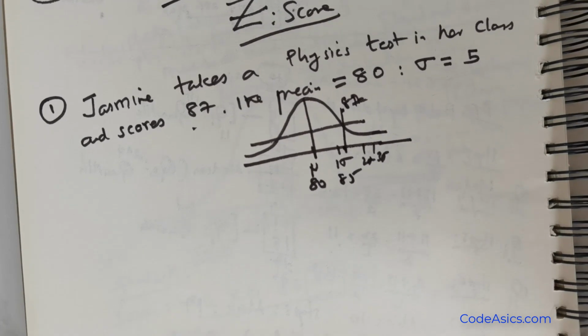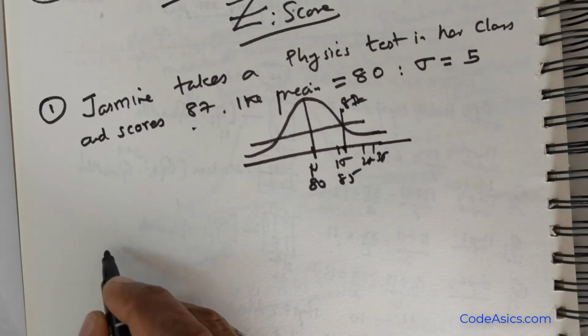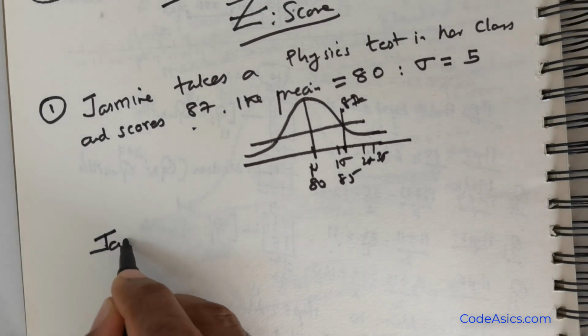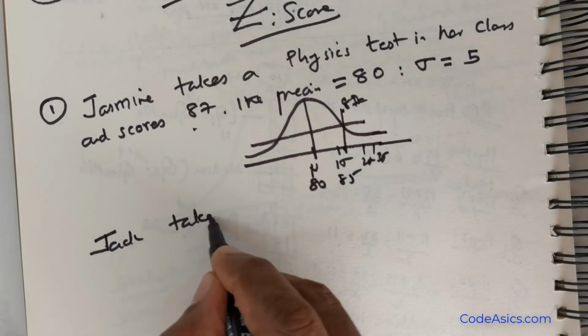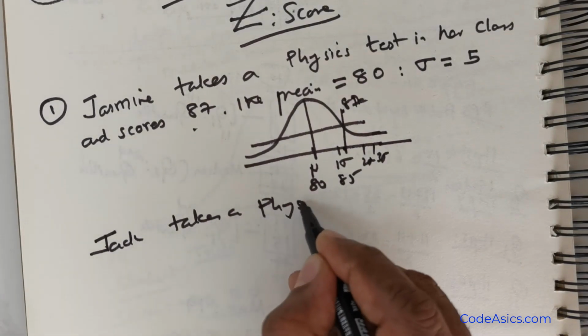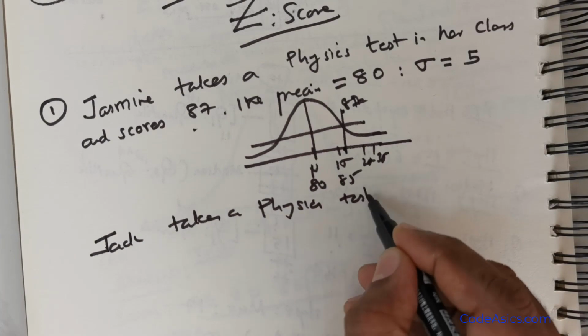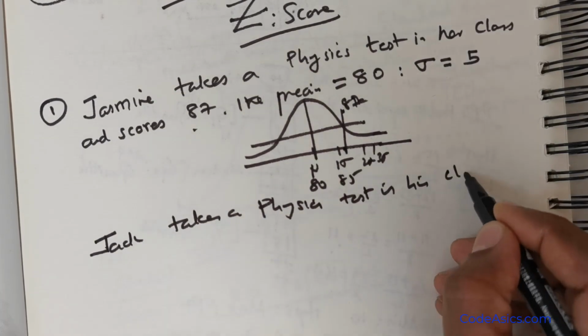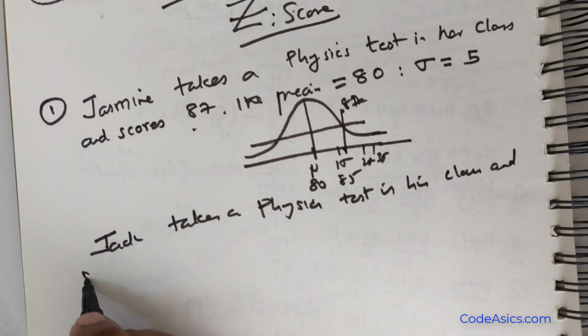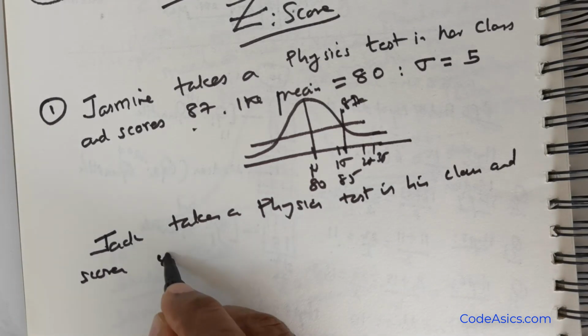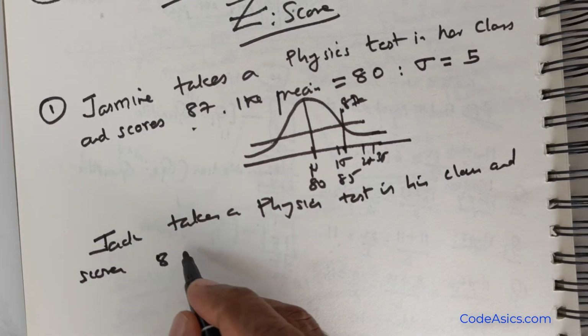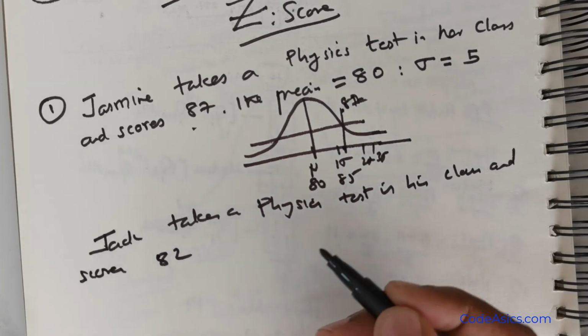Our main focus is there is another person coming into play. So this is Jack. Jack takes a physics test in his class and scores 82, right?